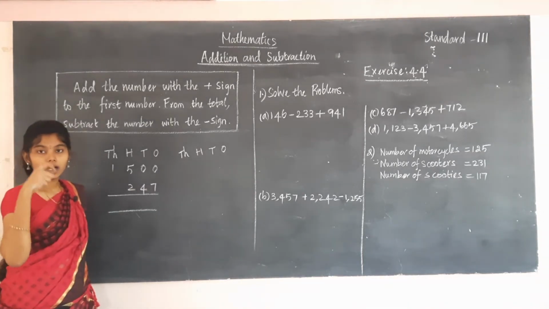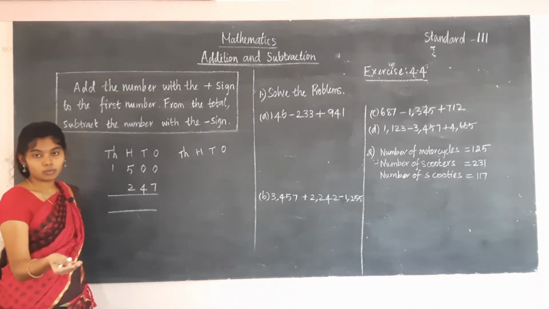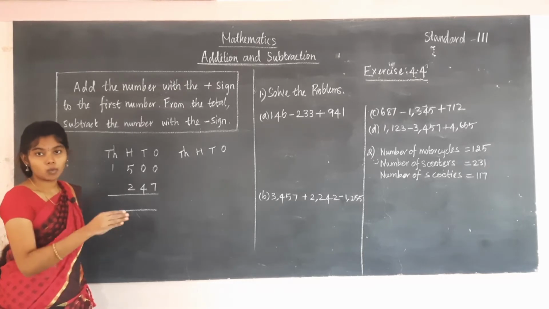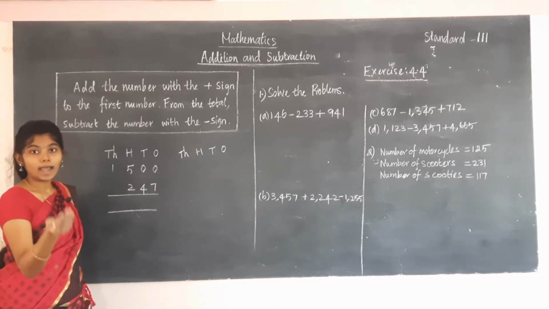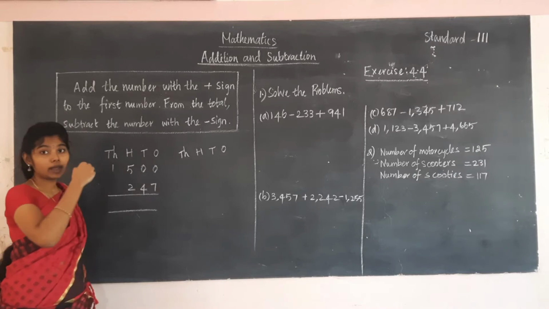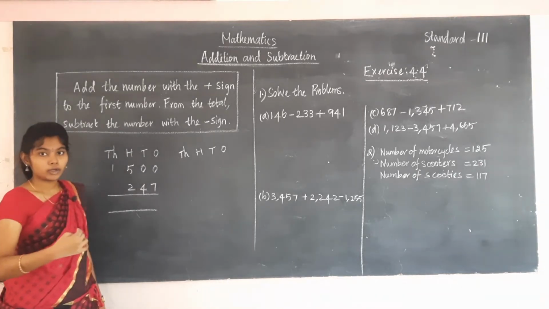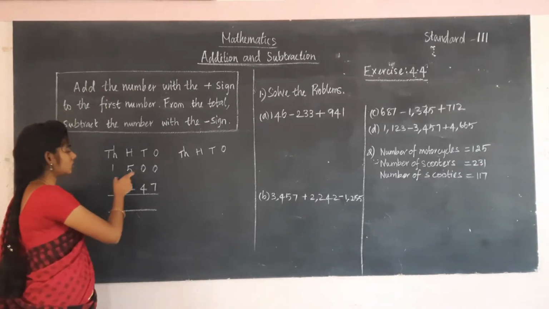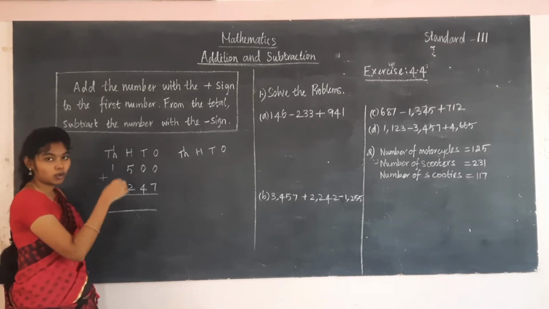Then some of them broke, so she made some more pani puris. That number should be added here. Then only we will get the total number of pani puris. So we have to add that number to find the total.